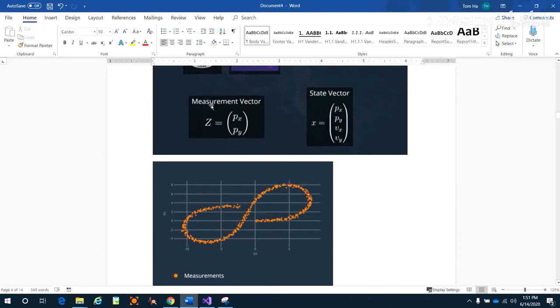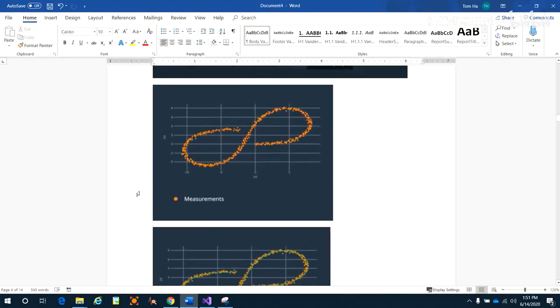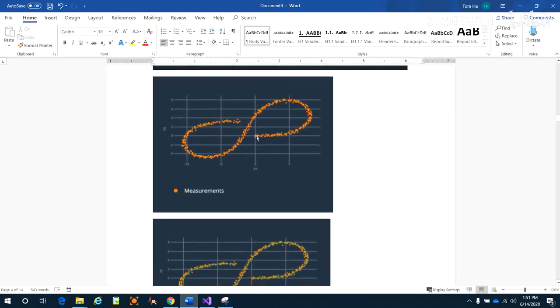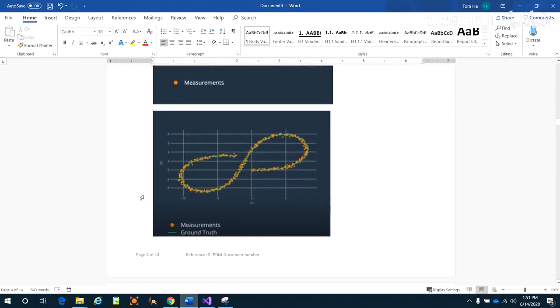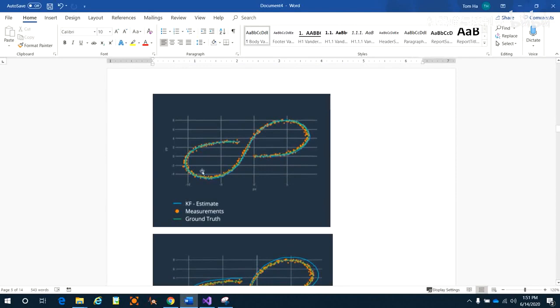We will talk about this later, it is more complicated. But for the result right here, you can see the lidar data, and the real path, the green one. The Kalman filter result is really close to the real path, right?